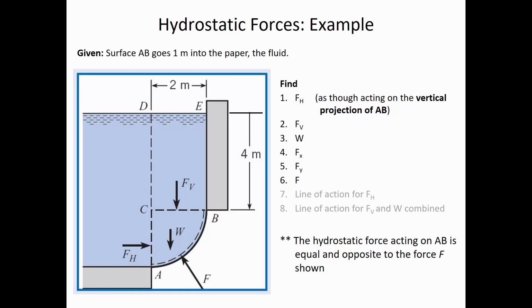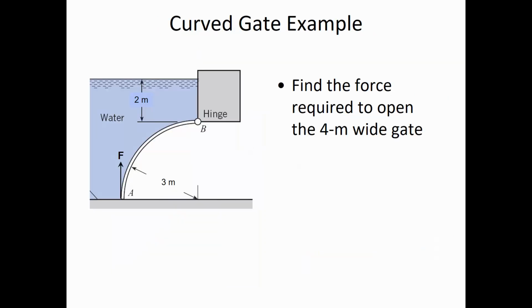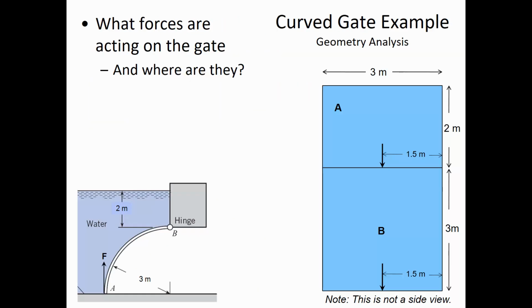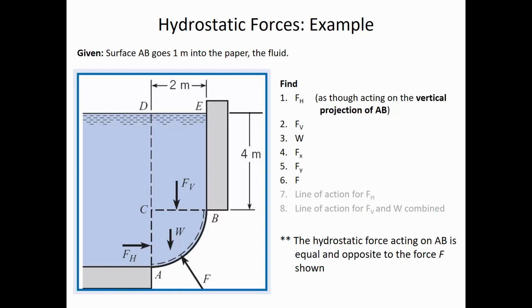So what we need is a formula that describes the location of the centroid for a quarter circle. I thought I had one of those formulas. I thought it was on the slide, but I'll give it to you. The centroid for a quarter circle, C sub x, is 4r divided by 3 pi.